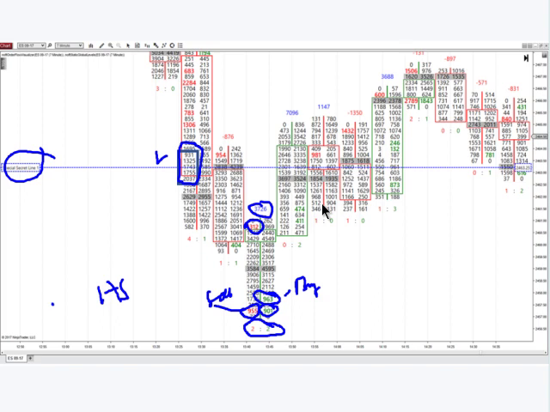Aggressive buyers minus aggressive sellers equals delta. Delta is that number, so it's either red as in negative or blue as in positive.